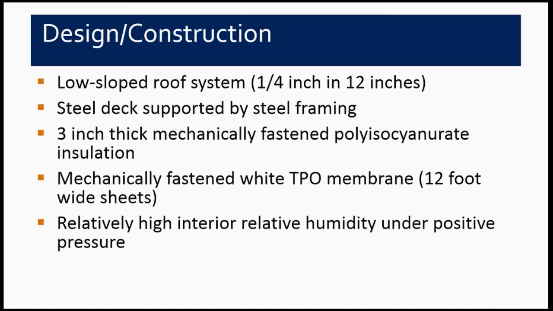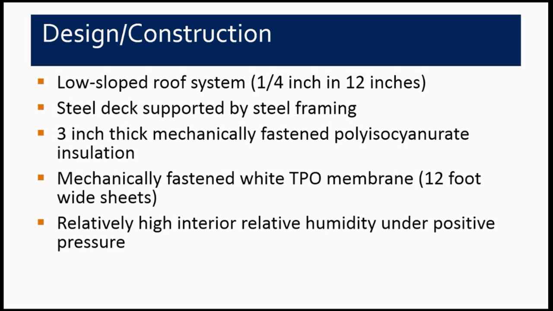The design, again, was a low slope roof, roughly quarter inch in 12. There was a steel deck that was supported by steel joists. There was 3 inches of mechanically fastened polyisocyanurate, only 1 layer. We normally would recommend 2 layers, staggered, but it was only 1 layer. There was a mechanically fastened TPO membrane with 12-foot wide sheets.